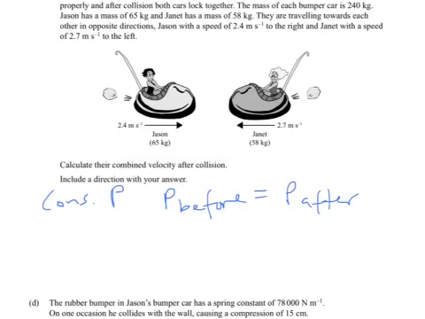Then we've got the mass times velocity for Jason, and then we've got to add the mass times velocity for Janet. Remember though, if you take Jason to be in the positive direction, that means Janet will be in the negative direction. So you're effectively subtracting Janet's momentum from Jason's.